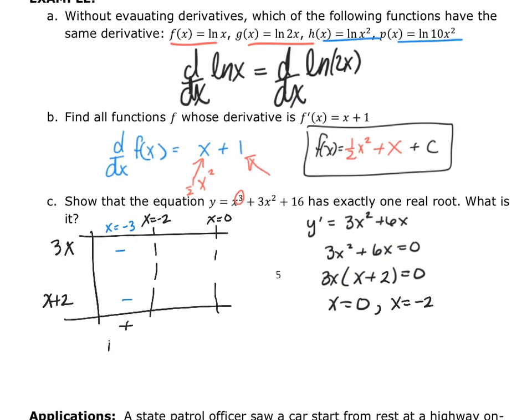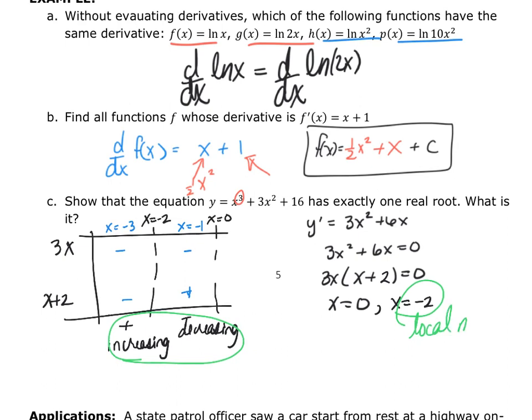That means we are increasing on this region. I'm going to choose something between -2 and 0, so I'll choose -1. This is negative, this is positive, so in this region I am decreasing. So that tells me these two combined together tells me that this must be a local maxima.